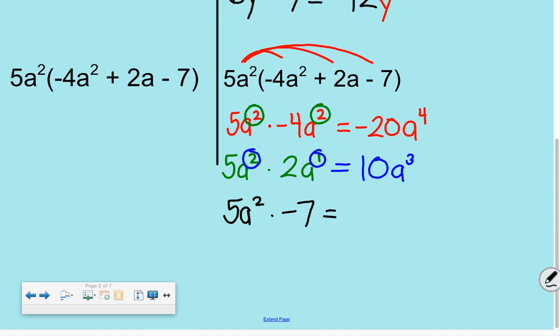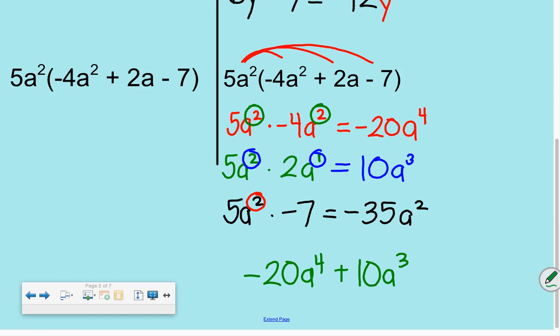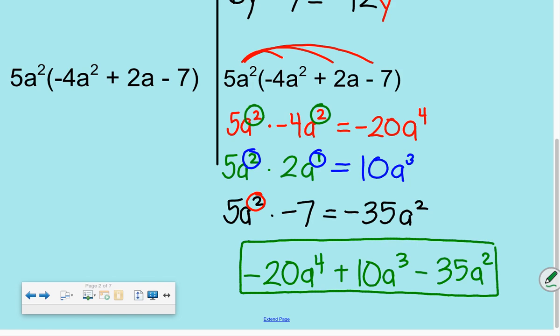So 5 times negative 7 is negative 35, and then we have a 2 next to our only a, so it's a squared. So then if I write my answer, I have negative 20a to the fourth plus 10a to the third minus 35a squared. So all I did was take this, this, and this, and put it into my answer. None of those are like terms, so that's why you're done.